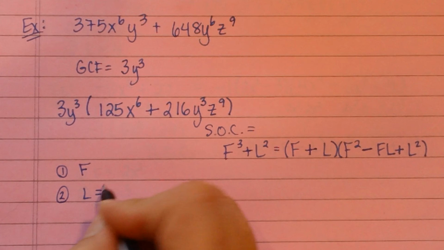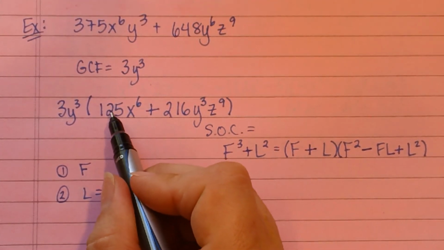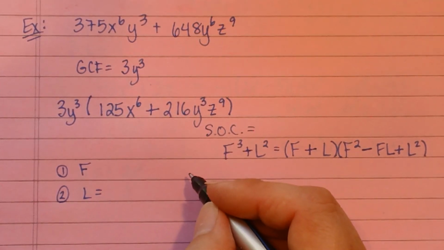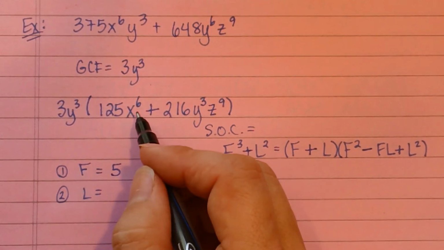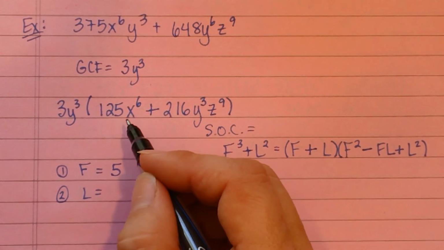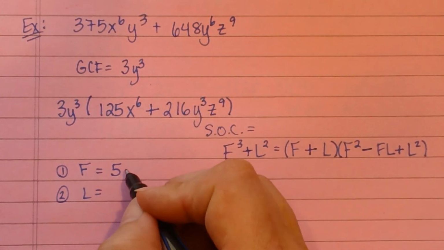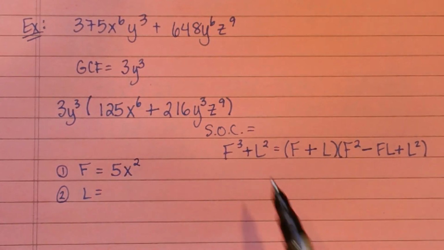F and L. What times what times what could give you 125? Well, I'm thinking 5. 5 times 5 is 25, and then 25 times 5 is 125, so it'll be 5. And then in terms of x's, I know x times x times x is x cubed, so I need x squared times x squared times x squared to give me x to the 6. So 5x squared.